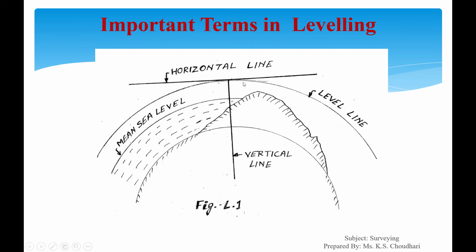This surface is tangential to the level surface, or you can say the mean spheroid of the earth, and any line lying on the horizontal surface is called a horizontal line.